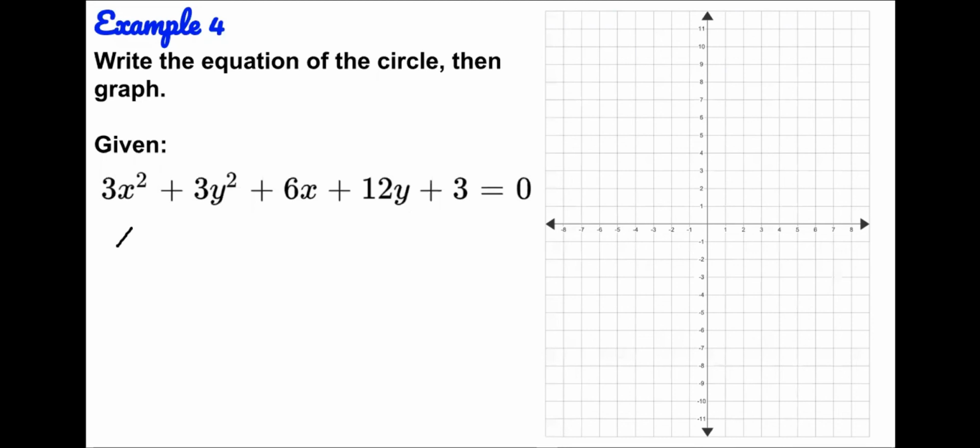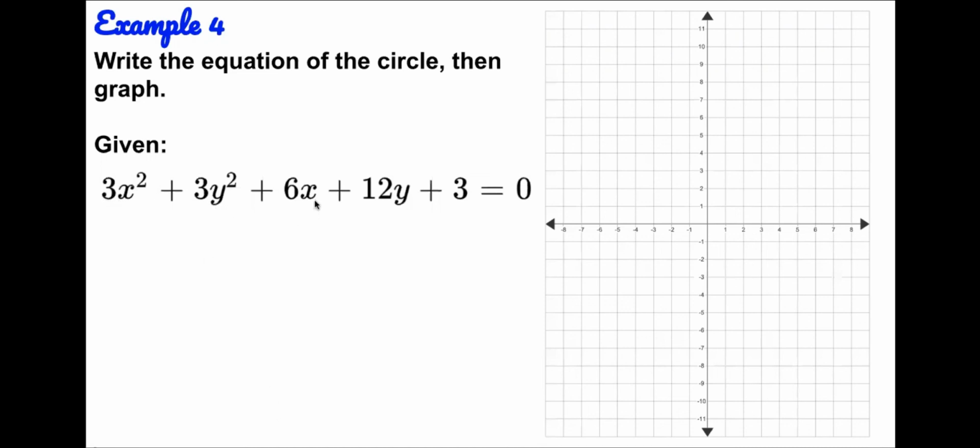Now, how do I do that? How do I make these two terms, which is the ones that I want, have a coefficient of 1? Well, I can go ahead and group them and then factor whatever I need to factor out. Or I can go ahead and find what they have in common.